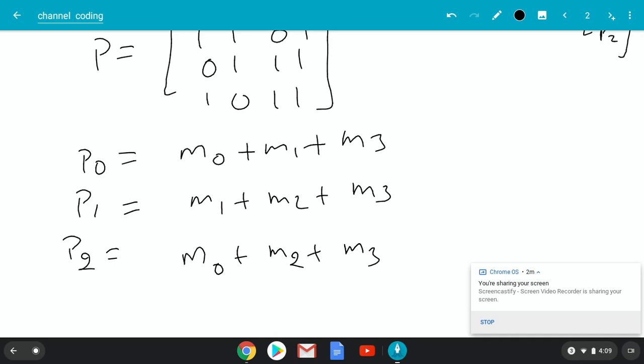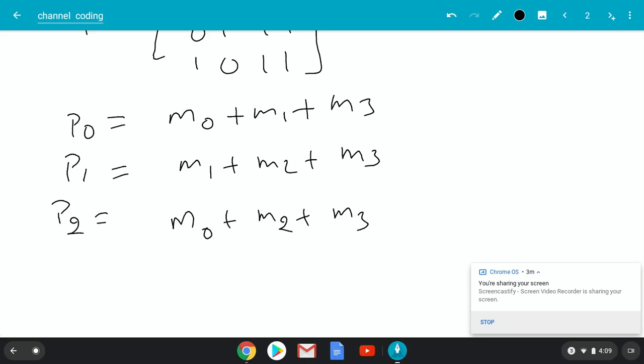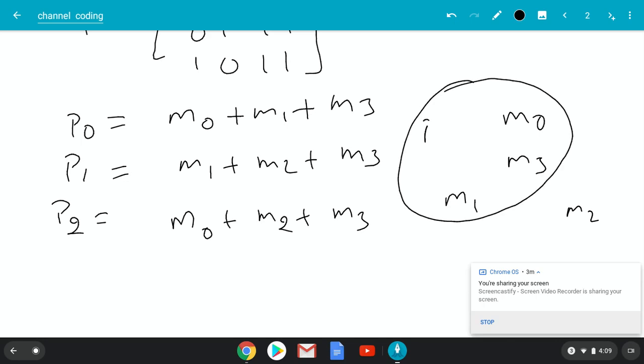Previously we saw rectangular codes, and we know in the rectangular code we arranged all the message bits into a rectangle and figured out parity bits like that, right? Now we have a different sort of combination. So you have M0, M1, M2, M3, and then the parity bits are given like this. If you want to show this coding visually, let's say M0, M1, M2, M3. For P0, we have M0, M1, and M3, so let's draw a circle like that, and then put P0 here.